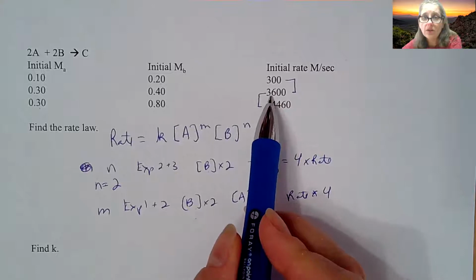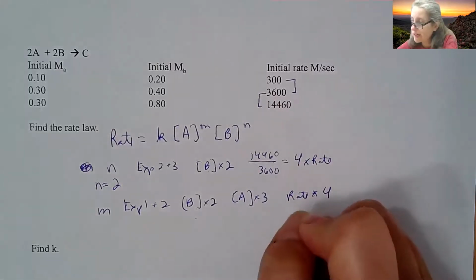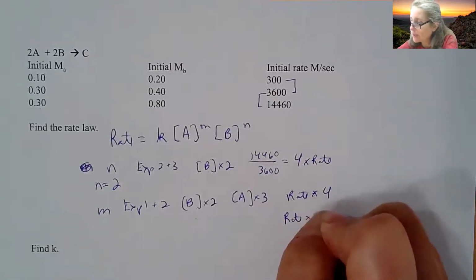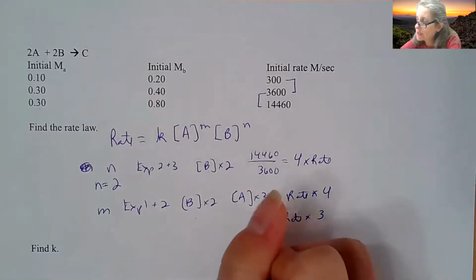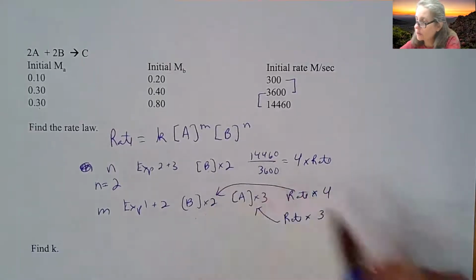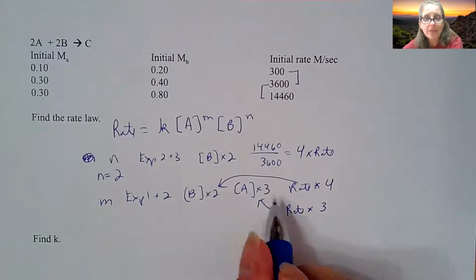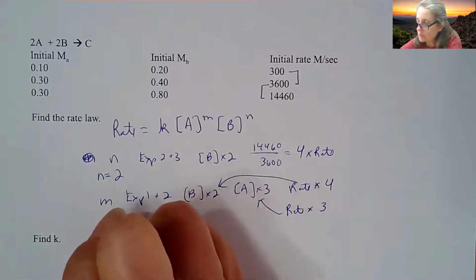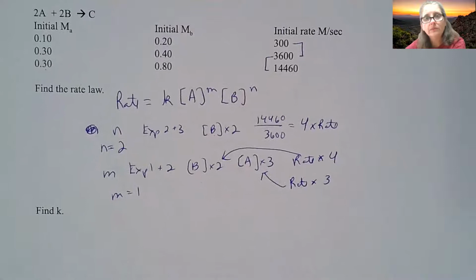So how do I get to 3,600 is by taking that rate and multiplying it by a factor of 3. So this is according to A, and this is according to B. So A must be, on its own, a first order reaction, okay?